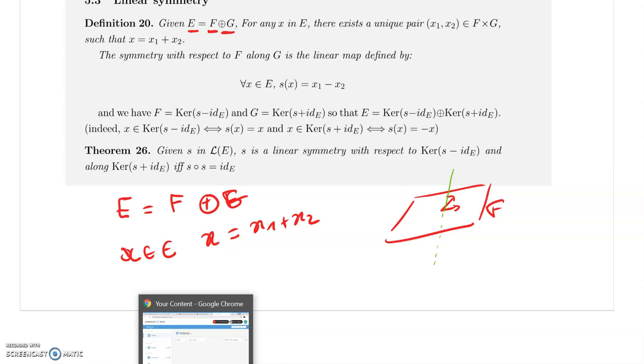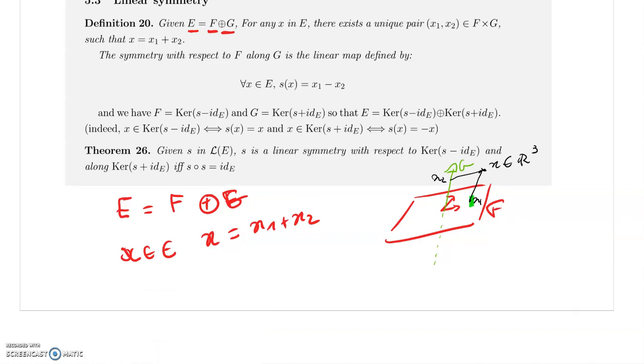So let's call this space G, so that any item X that belongs to R3 could be written uniquely as one item X1 in F and one item X2 in G. Okay, and the projection was taking the x1 component.